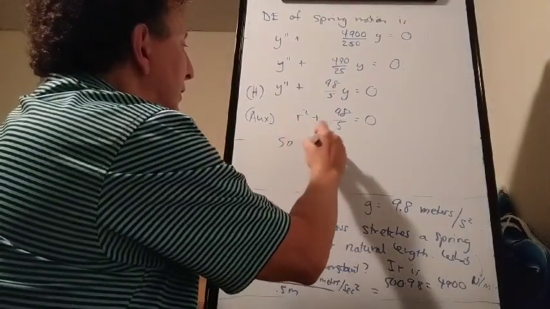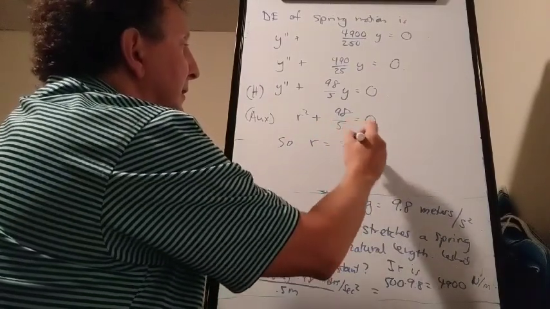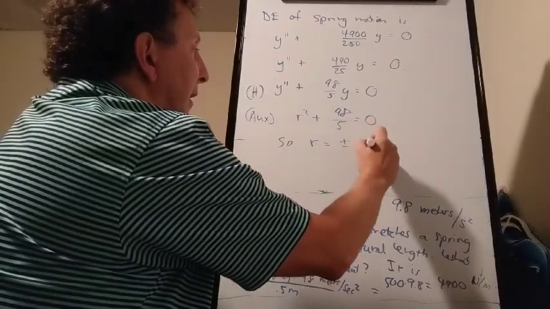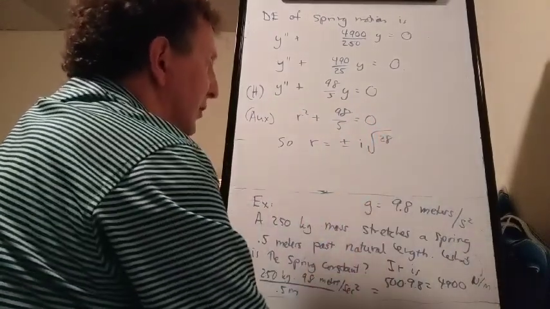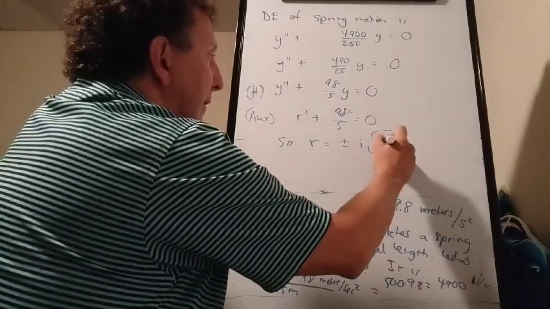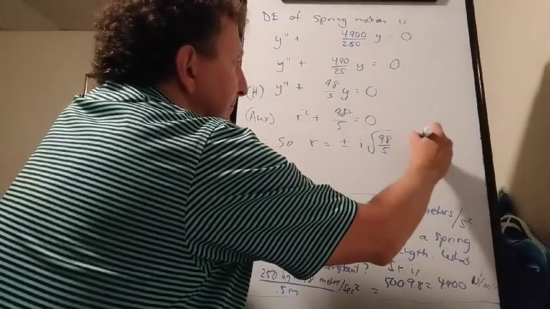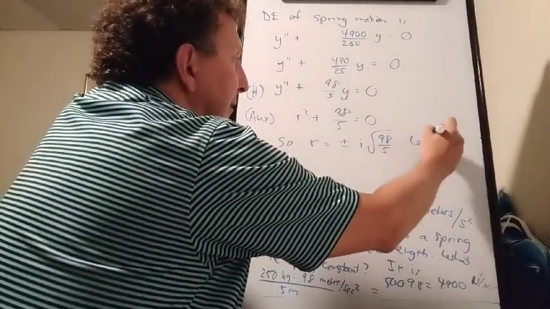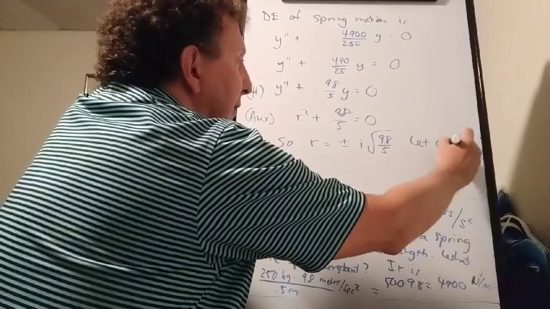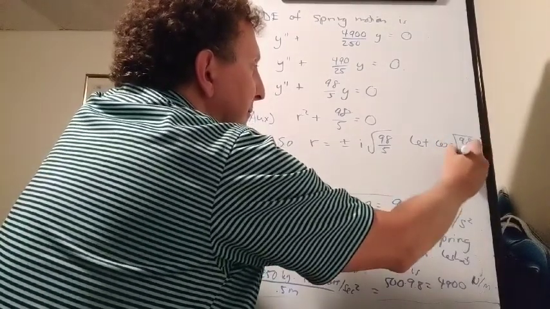So r equals plus or minus i square root of 98 over 5. And let omega be the square root of 98 over 5, so I don't have to keep writing it.